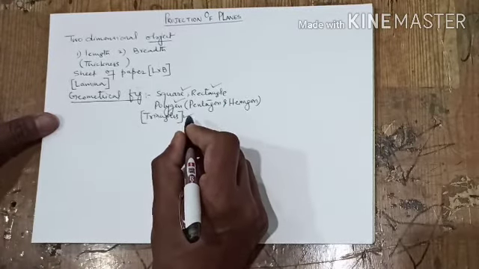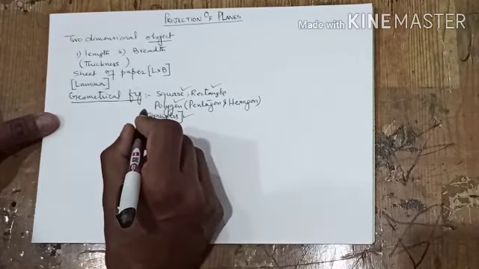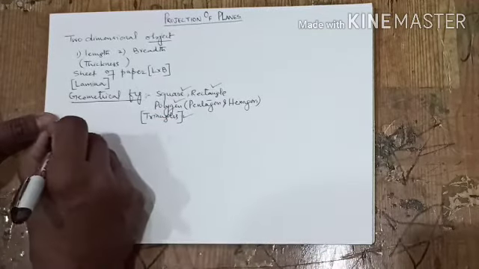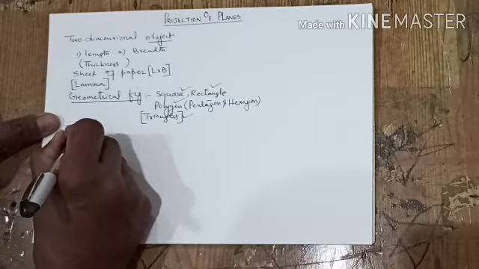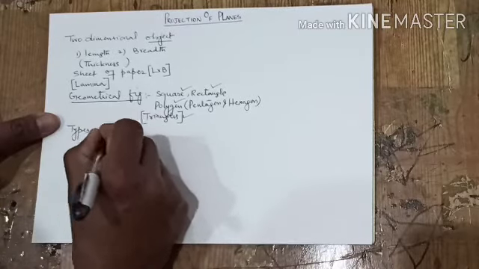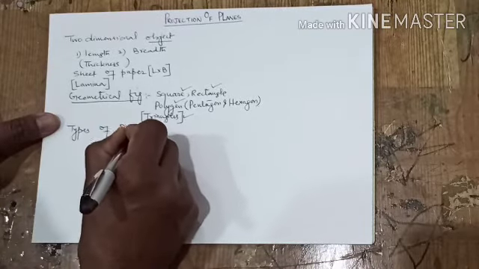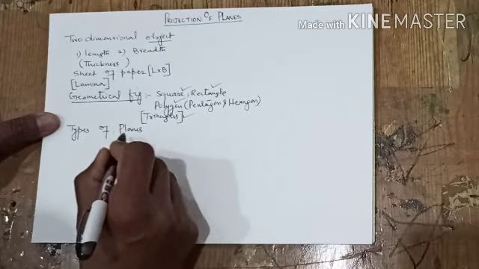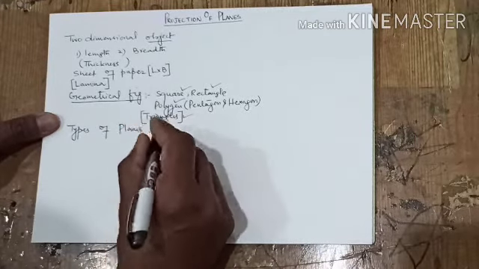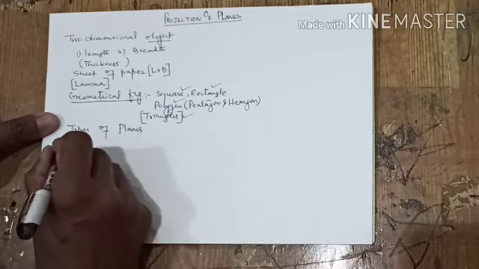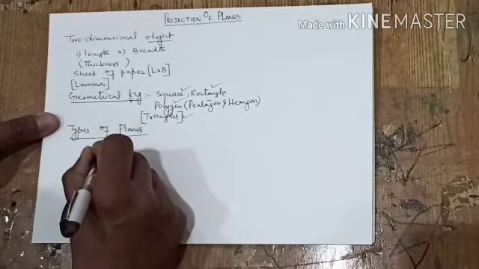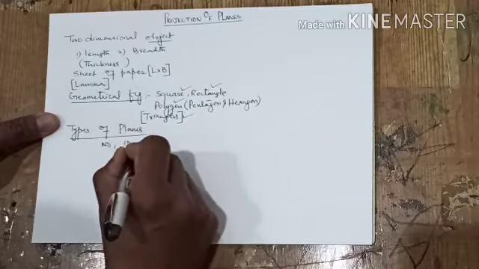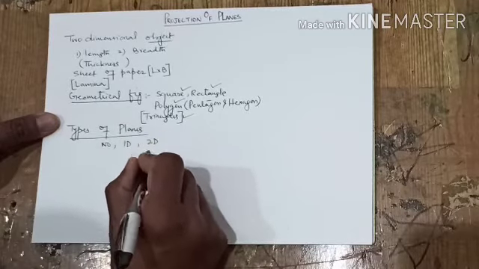Now in the case of projection of planes, there are two types of planes. So let's talk about types of planes. You now understand that we are talking about a plane which has two dimensions. That means we have come from no dimension to 1D, and now we are in 2D.